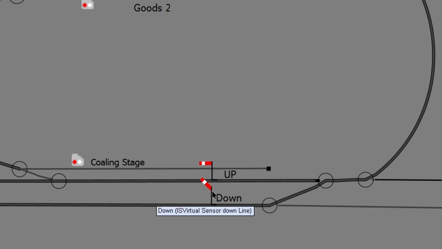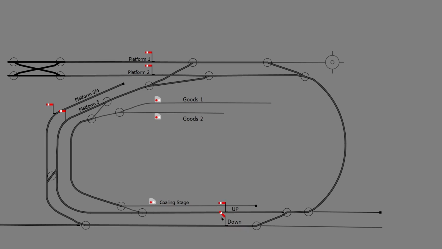So down is now active, and we've got the route through for the down signal, down sensor, should I say. And if I click on up, does it work the other way around? Yes, it does. So now there's no way those little sensors are going to give us false information. They're going to swap over.